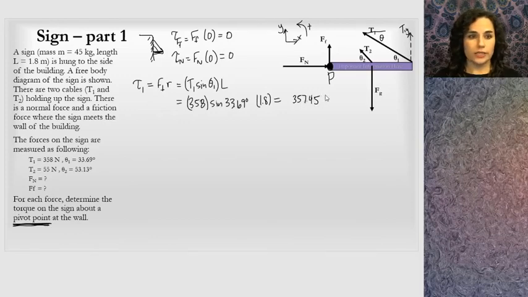And two things I need to consider. The units are newtons times meters, force times distance, and then also the sign. When I look at this torque, it's causing a rotation in the counterclockwise direction around this pivot point, and I've defined counterclockwise as positive, so I'm going to put a positive sign here.